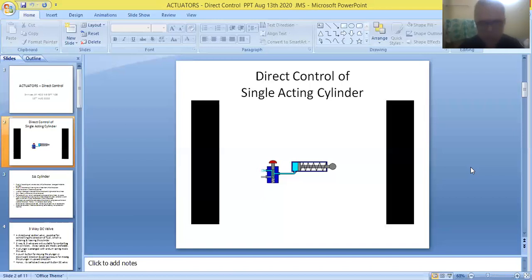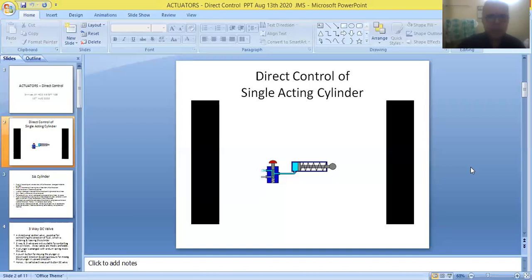So this is about the arrangement of a DC valve used for controlling the operation of a single acting cylinder.